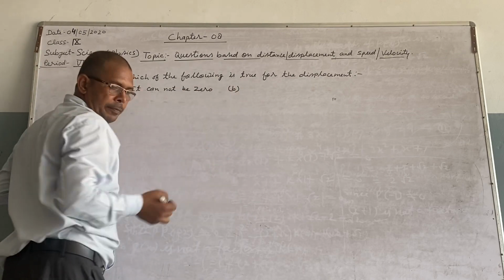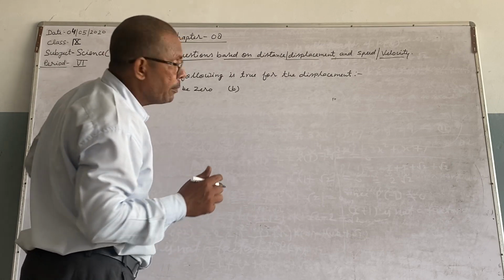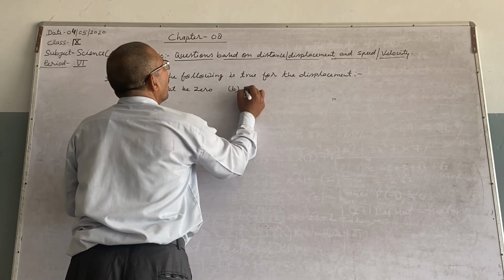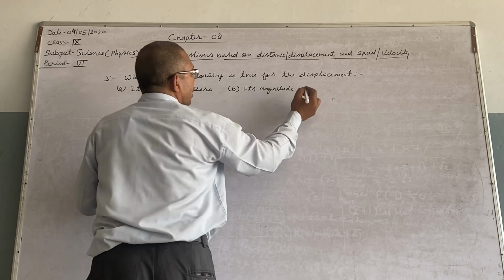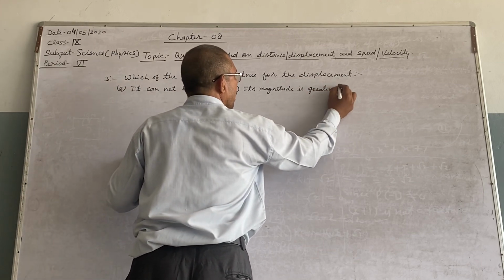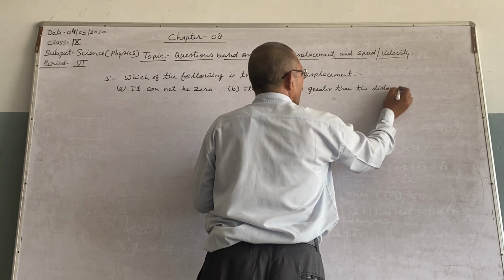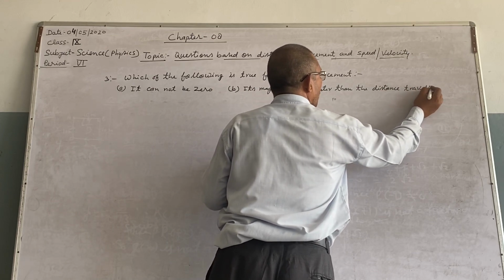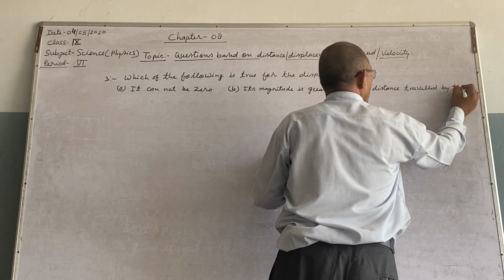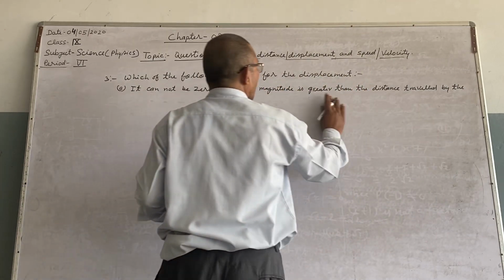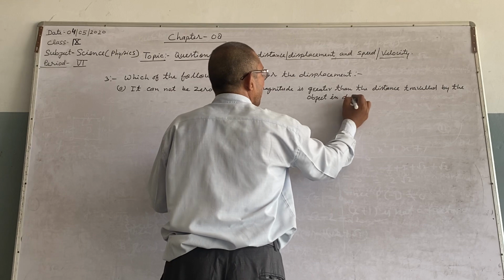B, its magnitude is greater than the distance traveled by the object in definite time.